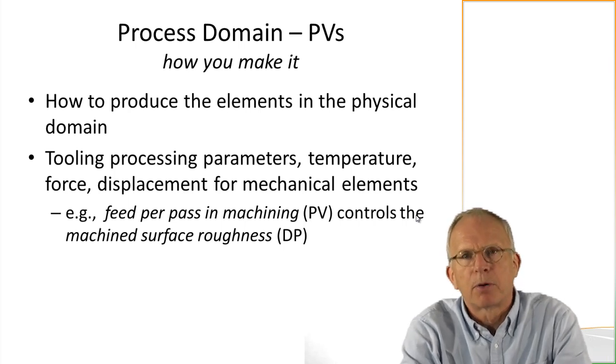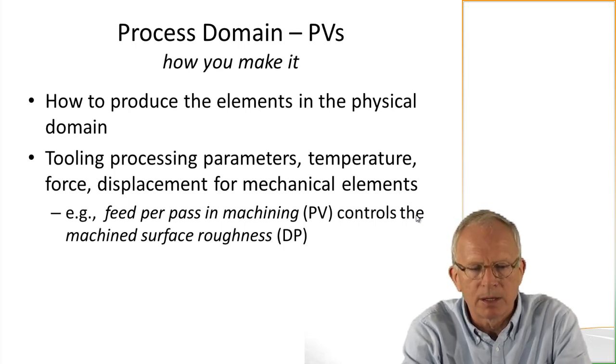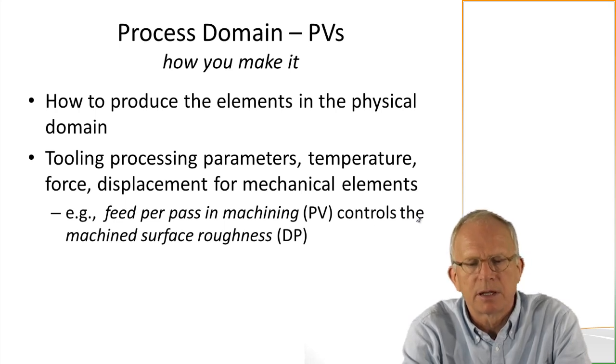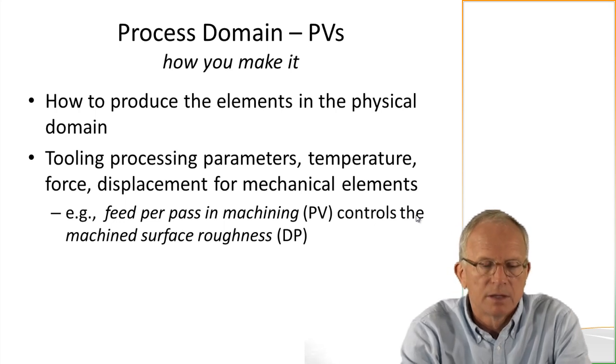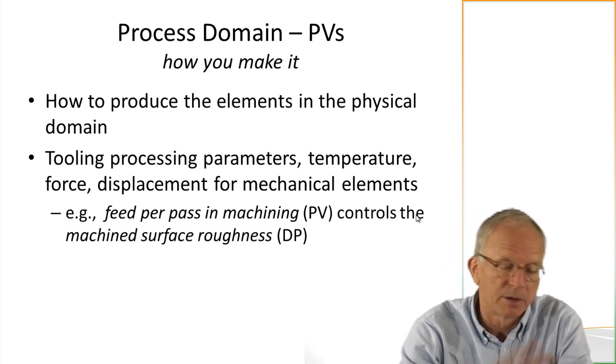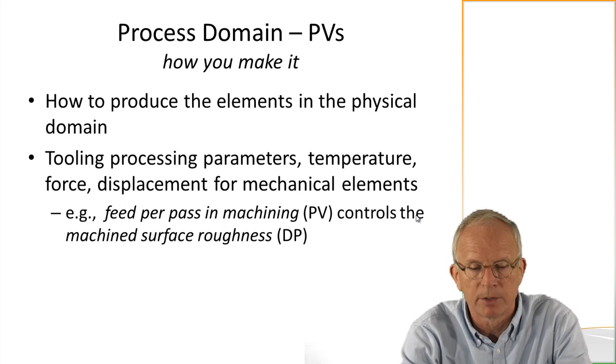All right, what about the process domain, PVs, how you make it? So this is how we manufacture something and how we produce the elements that we find or we need in the physical domain. So, for example, it could be tooling, process parameters.